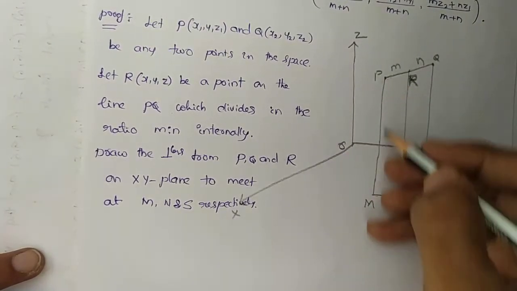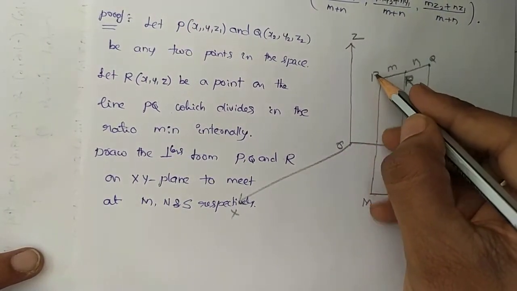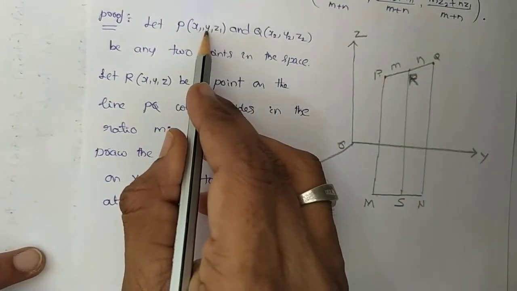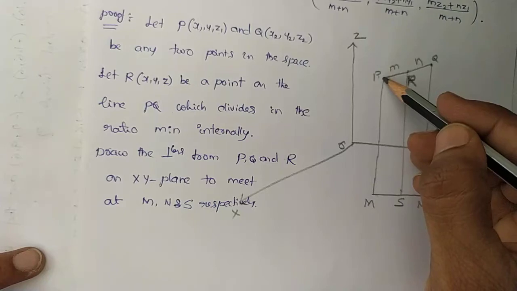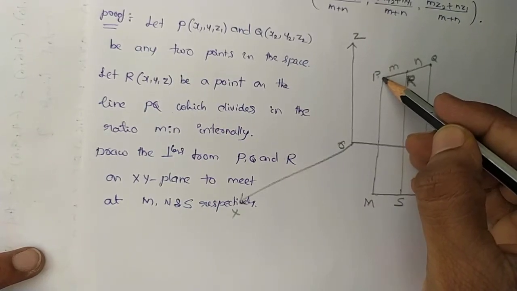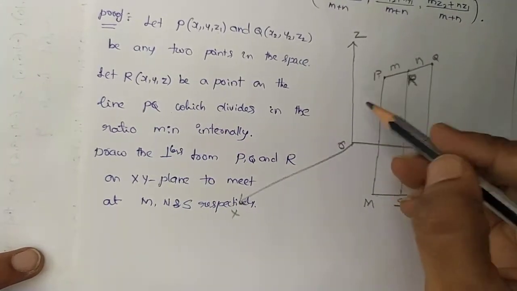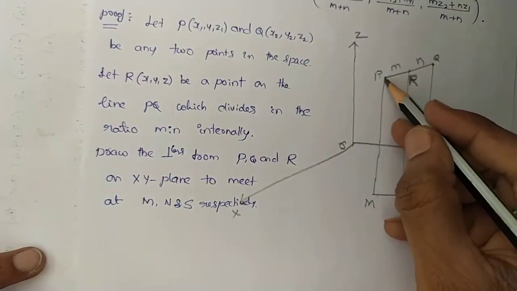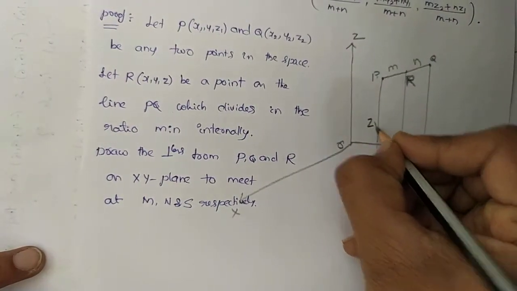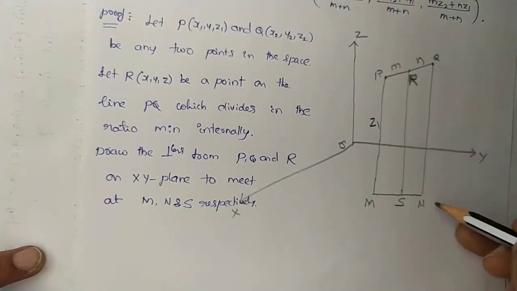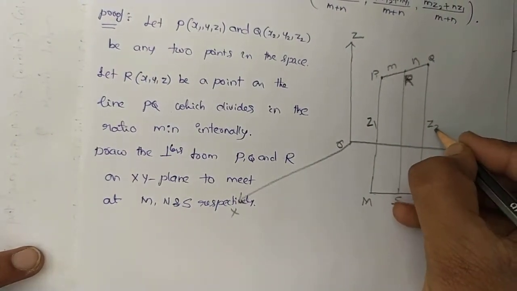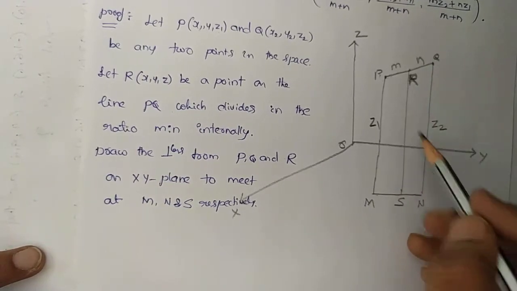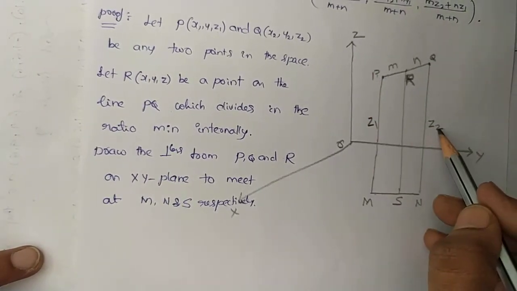The coordinates of P are x1, y1, z1, and the line is parallel to the z-axis, so the distance PM is z1. Similarly, the coordinates of Q are x2, y2, z2, and since QN is parallel to the z-axis, the distance QN is z2.